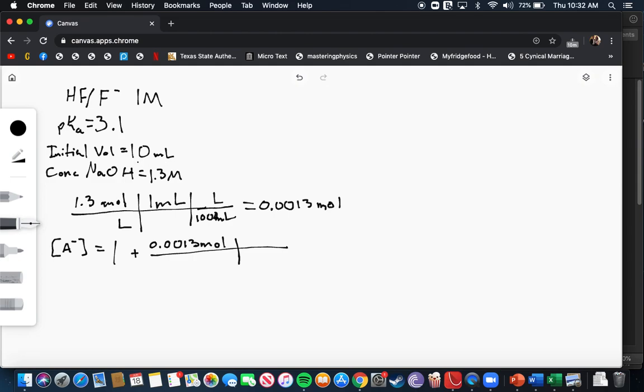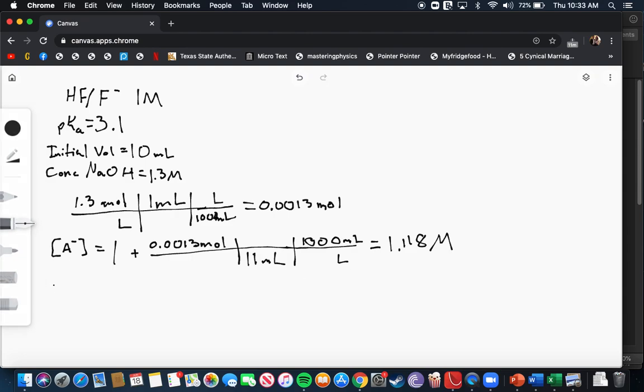Our initial was 10 milliliters, so with 1 milliliter added that's going to be 11 milliliters. And then again, we want to convert milliliters to liters, so we multiply by 1,000. And that's going to give us 1.118 molar. We'll do the same for our weak acid.